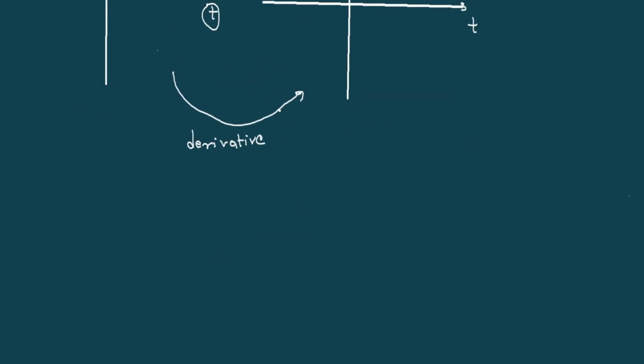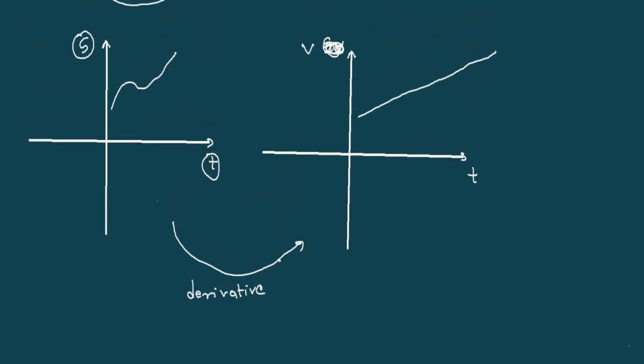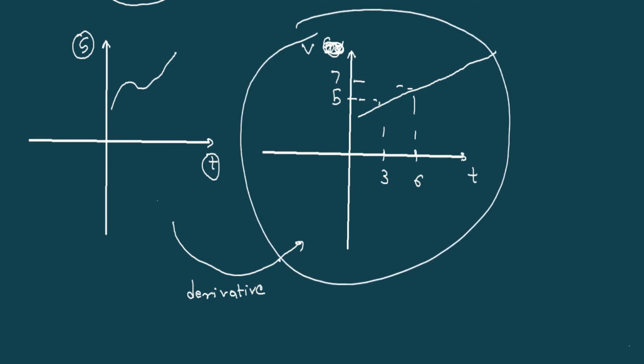And so once we have the speed time graph, you might just notice that at, let's say, 3 seconds we had the velocity at 5. At 6 seconds, let's say we had the velocity as 7. And so in this particular case, we have instantaneous speed, right?